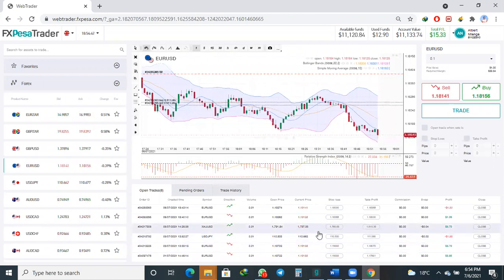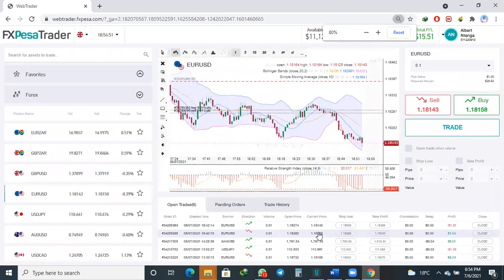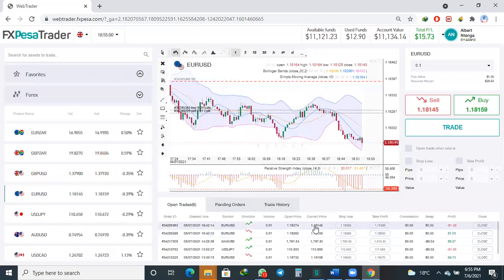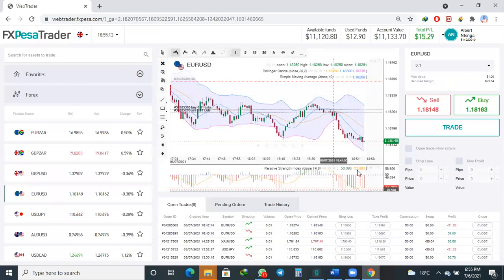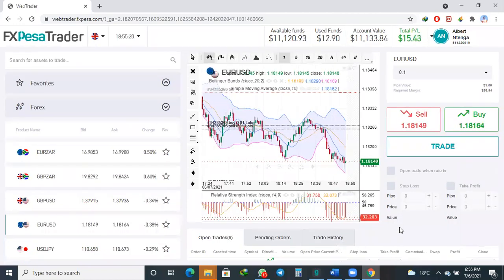Let me try to zoom in. After I zoom in, I will illustrate how you close your trade. Let's say you are using a phone, the mobile app.